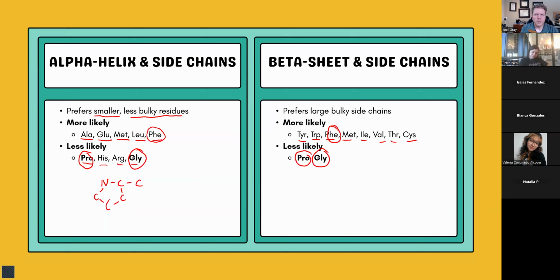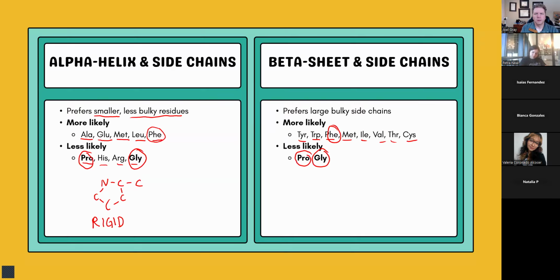Proline is the one amino acid where the R group circles back to the N terminus. It makes this ring, which leads to a very rigid structure. This amino acid doesn't like to move very much.